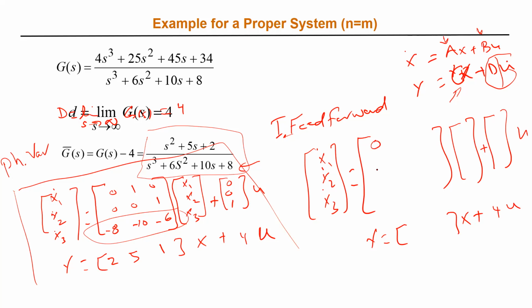I'm transposing the first column, this is what I'm getting. Now I'm transposing the second one, this is 1. And then the last one gives -8, -10, -6.